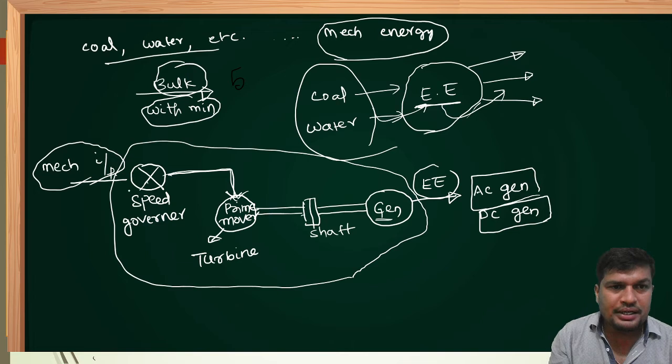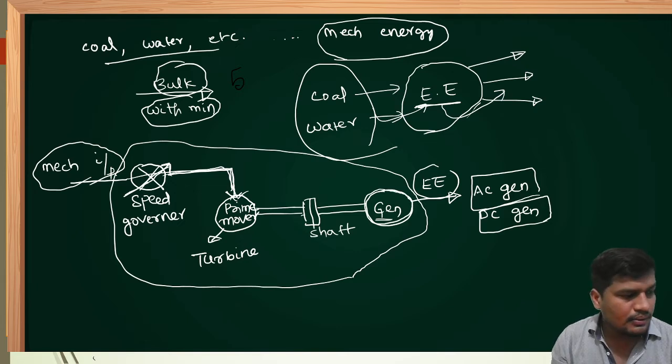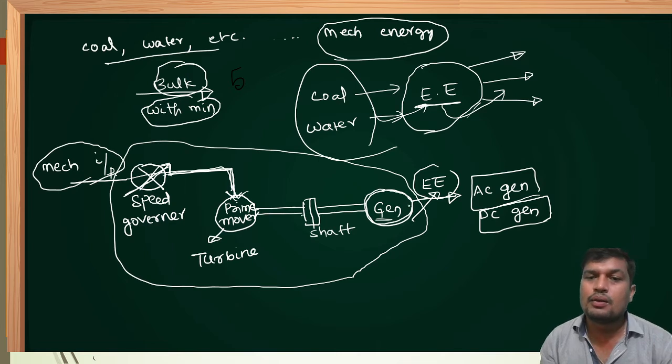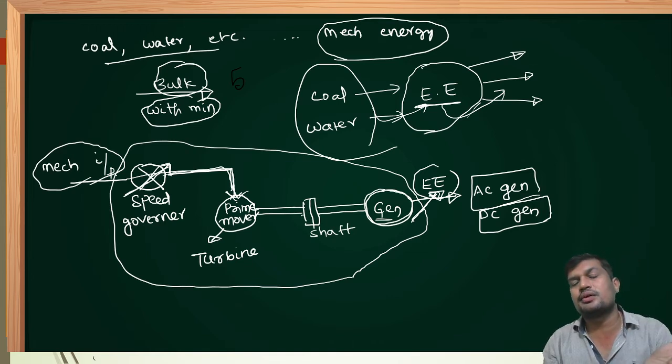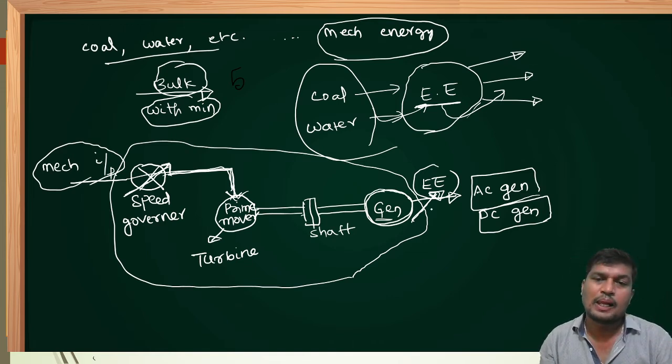by varying speed governor, the steam input to the prime mover or mechanical input to the prime mover is controlled in order to control speed of generator for varying load conditions. You believe or not, always load varies. Why? Because different consumers are using power at different times.